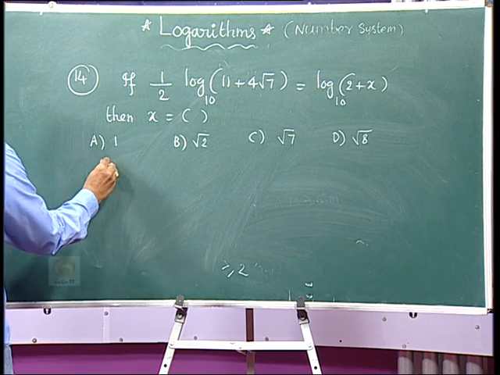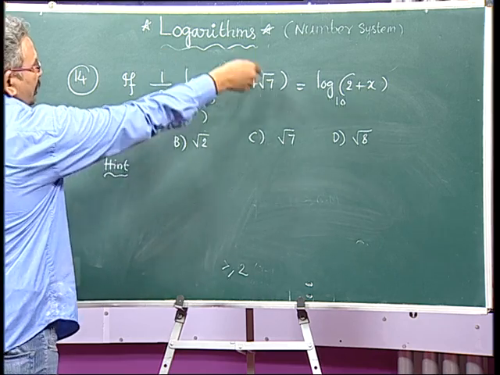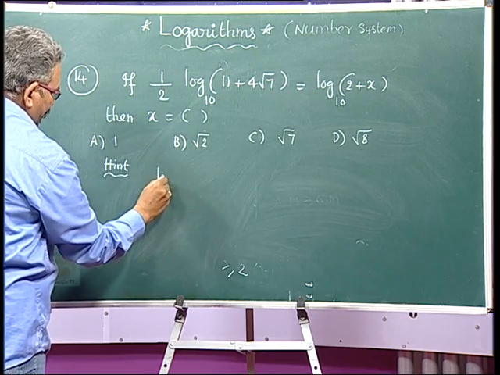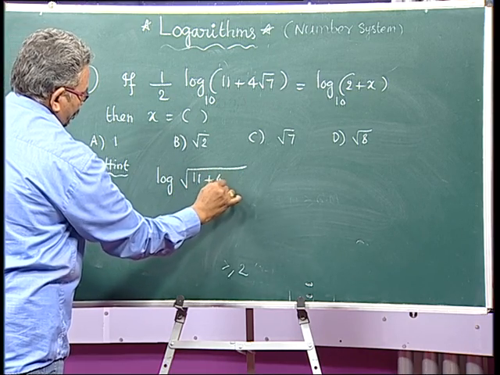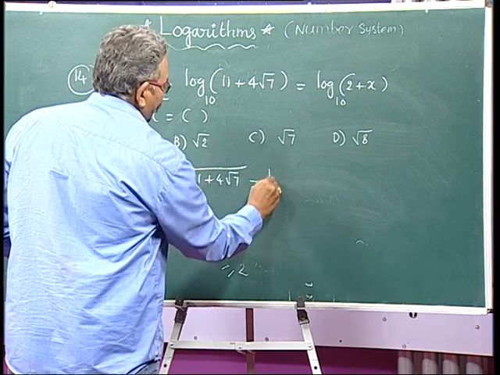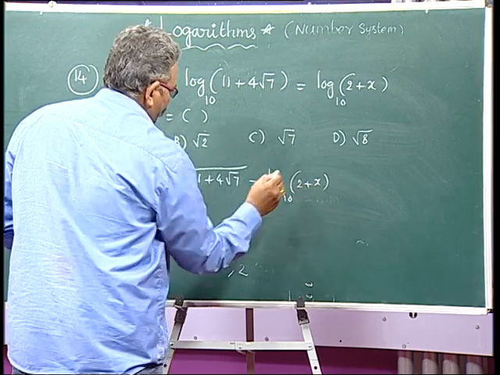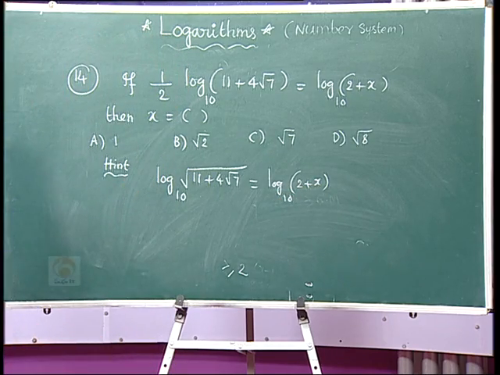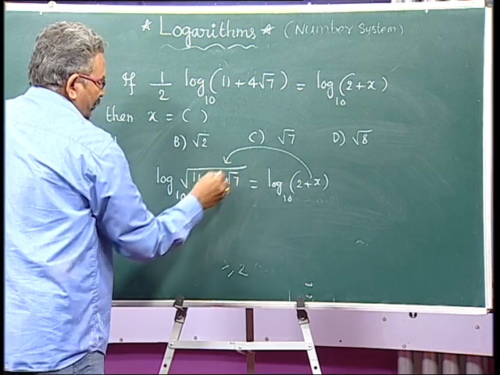Now here, hint, this becomes root of this one, equal to log of 2 plus x to the base 10. If you compare both sides, what do you get? 2 plus x is the square root of this one.